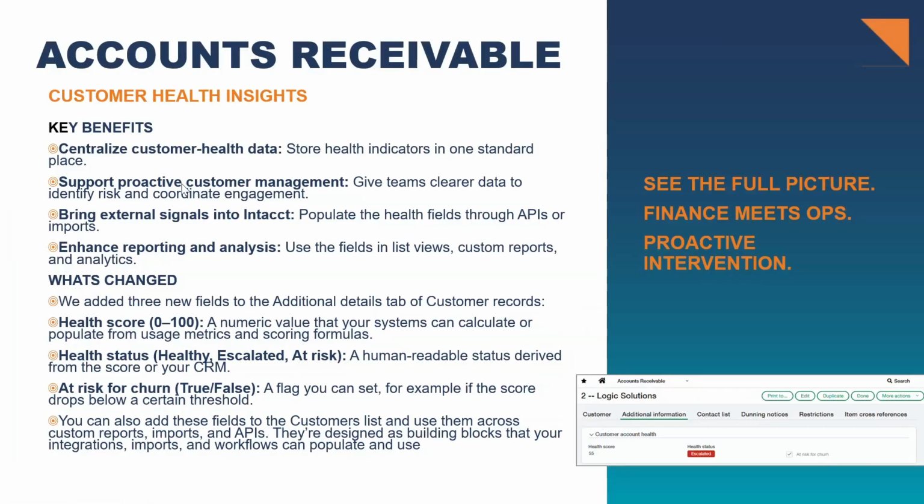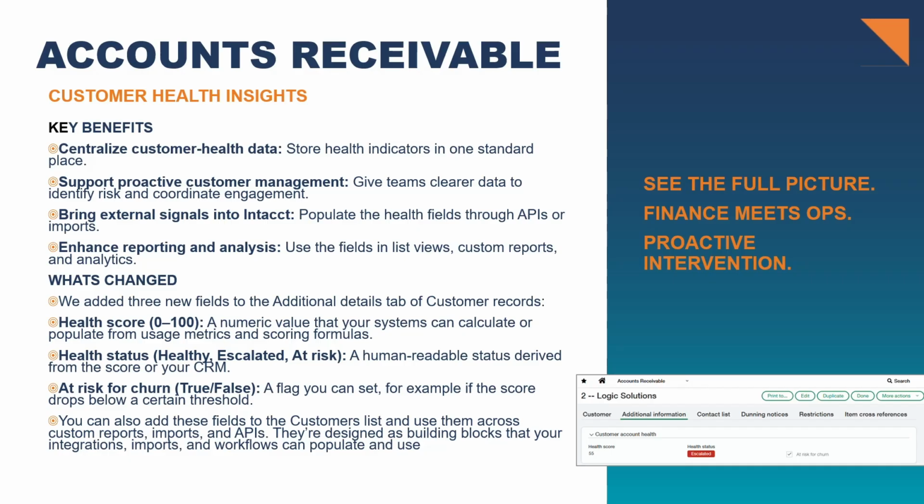Next, we have a couple of updates in accounts receivable. First of all, accounts receivable has now introduced 3 more fields to exist on the customer record. This is the health score, health status, and churn risk. These don't actually calculate anything themselves, but those are designed to receive insight from your CRMs or external system.